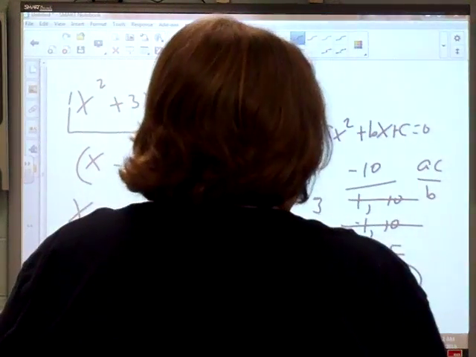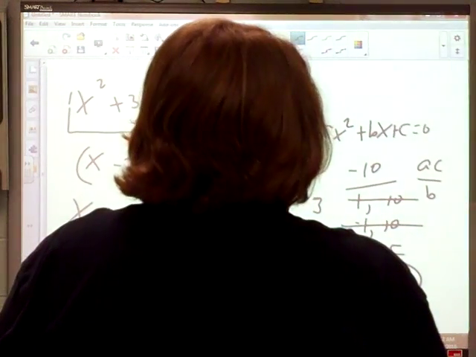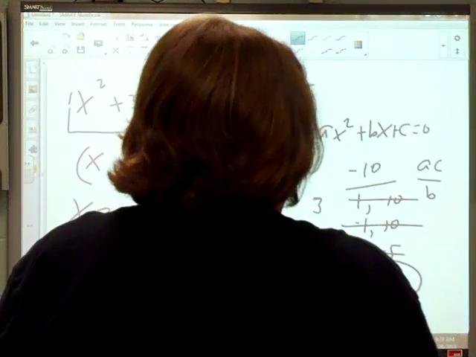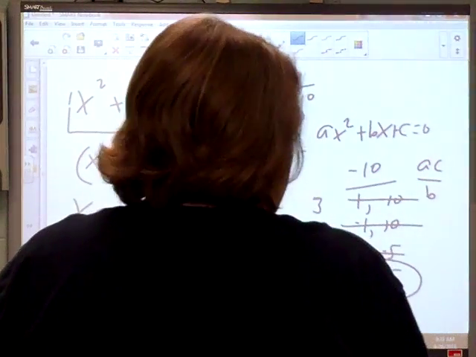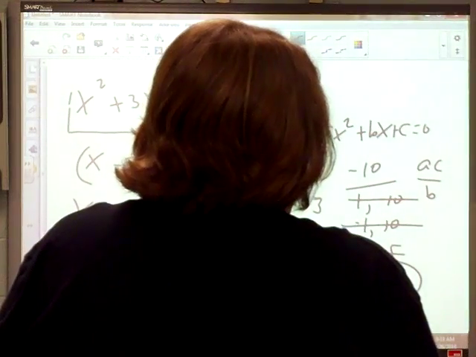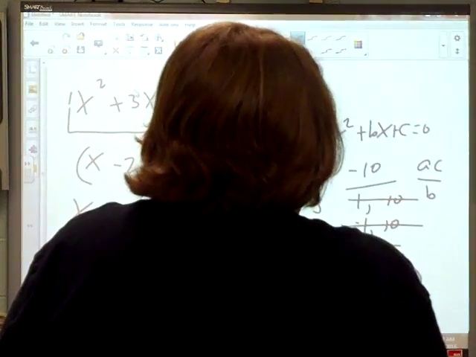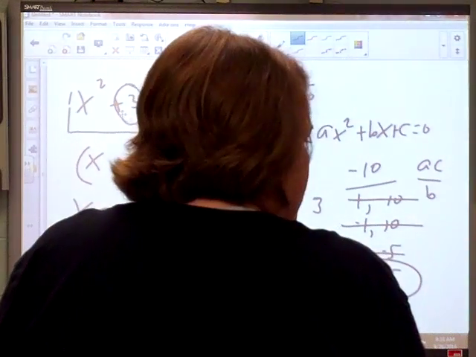Negative 1 times 10. 2 times negative 5. Negative 2 times 5. Those are the only options that I could multiply whole numbers to get me a negative 10, right? Okay, so out of those, I got to look and see if any of those add to my B, which in this equation, my B is 3.